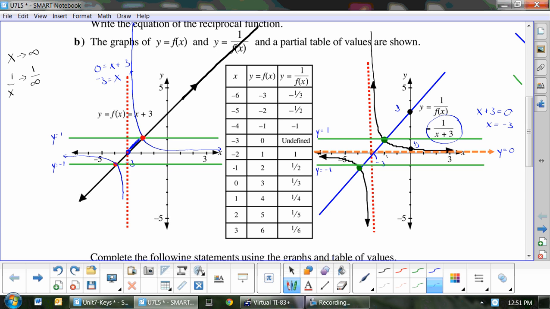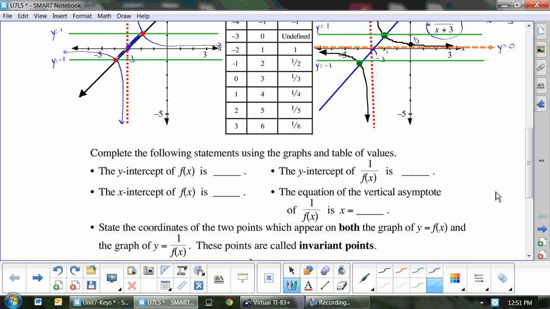And as x gets closer to 0, in the reciprocal, it's going to get farther and farther away from 0. Okay, so let's take some notes.